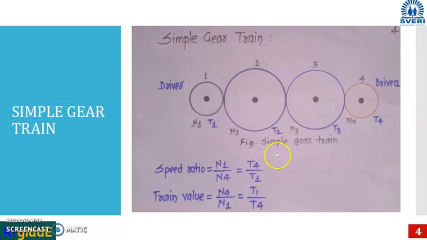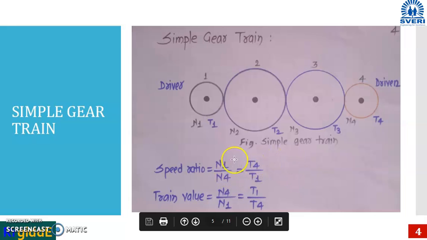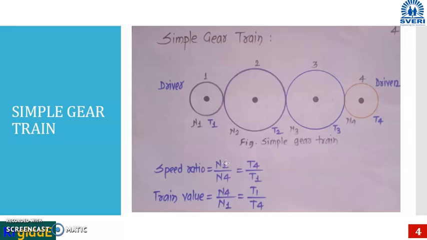So with respect to this gear train, speed ratio is defined as the ratio of speed of driver to the speed of the driven, and this speed ratio is nothing but the ratio of number of teeth on the driven to the number of teeth on the driver.